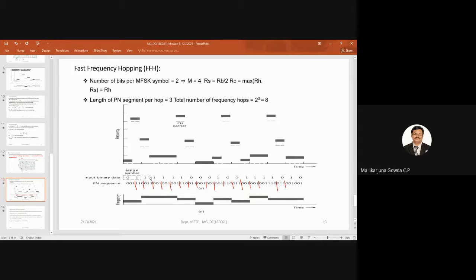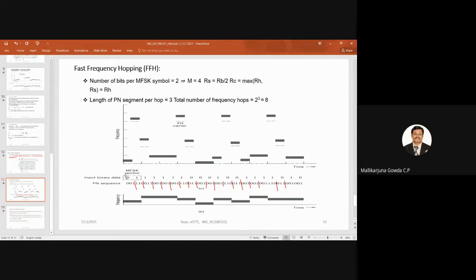Let us not take FC0, we'll take FC1 only. So FC1, FC2, FC3, FC4, FC5, FC6, FC7. Okay, so on the vertical axis, you can write it starting from FC1 up to FC7.